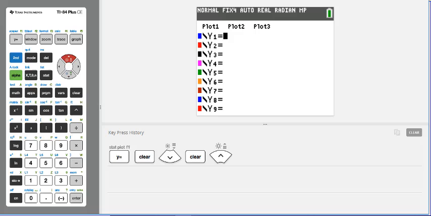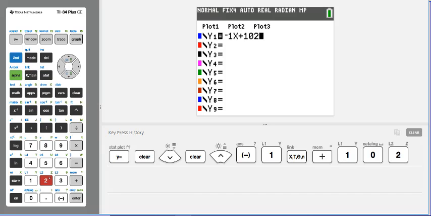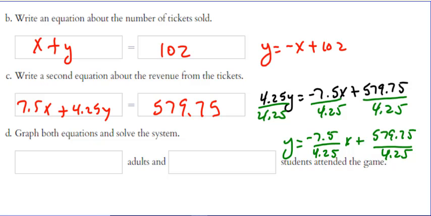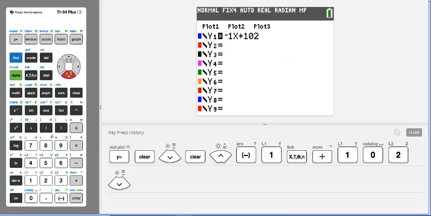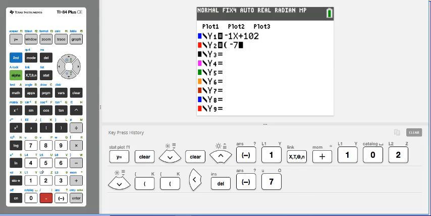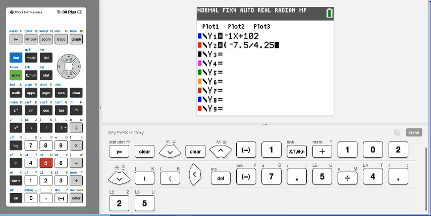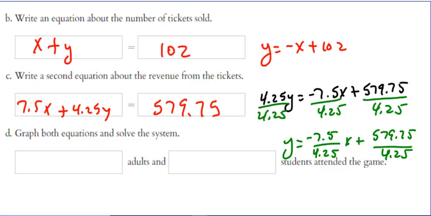The first one's not a big deal to put in, so I'll just do negative 1x, so you know that it's negative x plus 102. Then let's type in the first part, negative 7.5 over 4.25: parentheses, negative 7.5 divided by 4.25, close parentheses, make sure that's right.